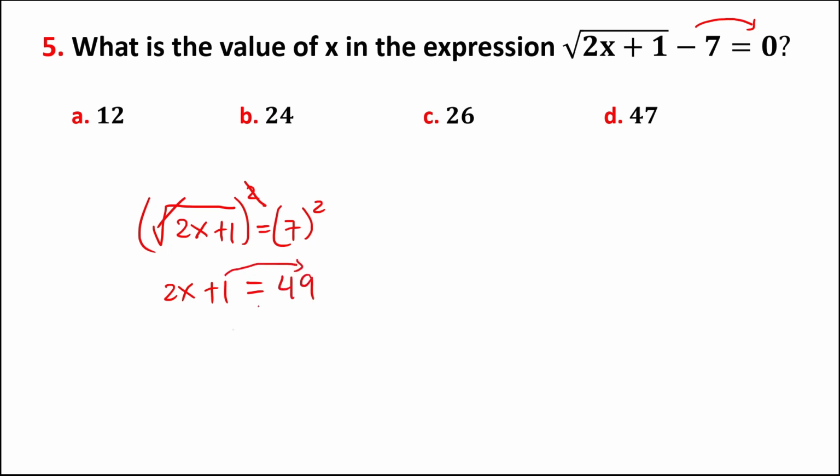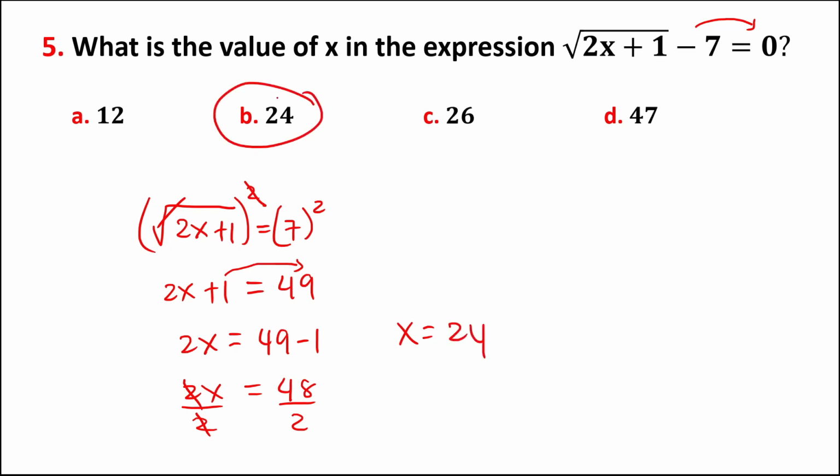Then transpose this positive 1, so this becomes 49 minus 1, and we have 2x equals 48. Then to solve for x, divide both sides by 2, so x equals 24.